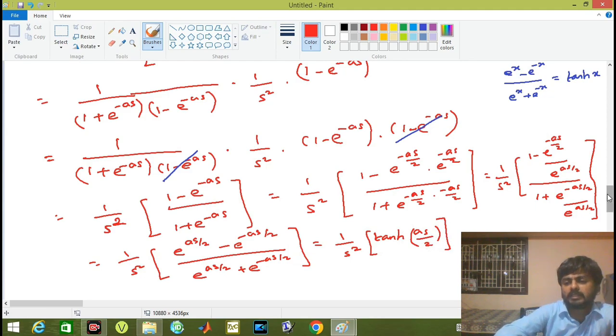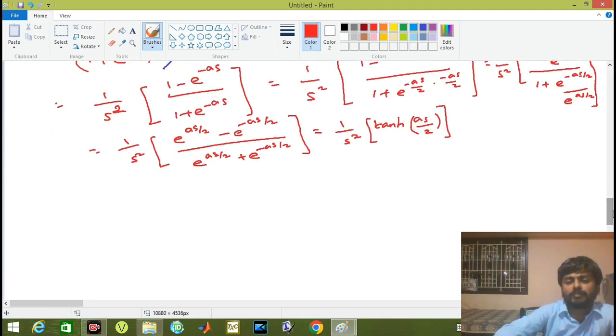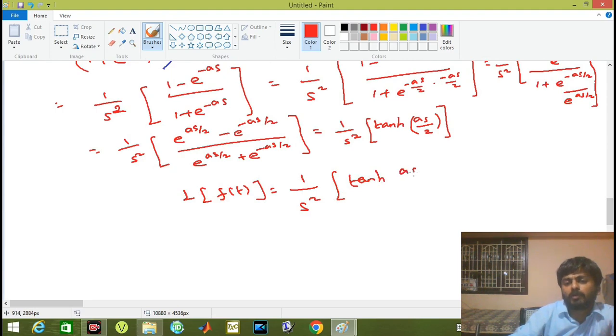So our L of f of t is given by 1 by s square of tanh of as by 2. So this is our solution.